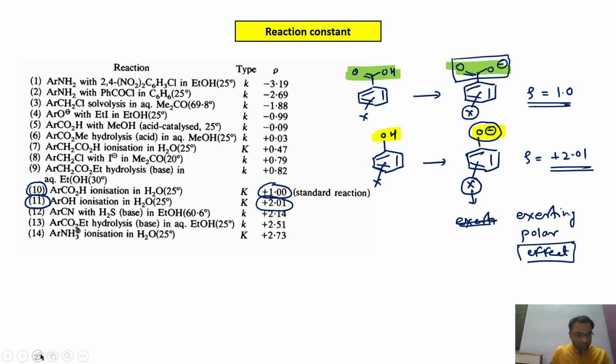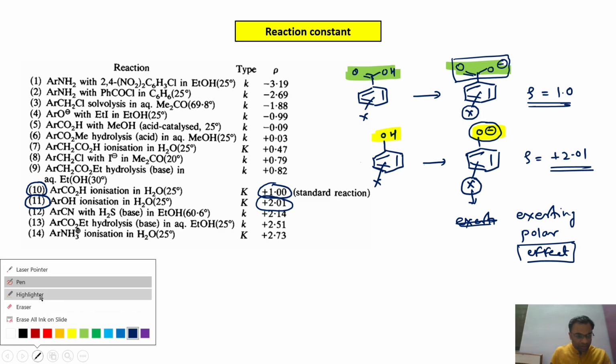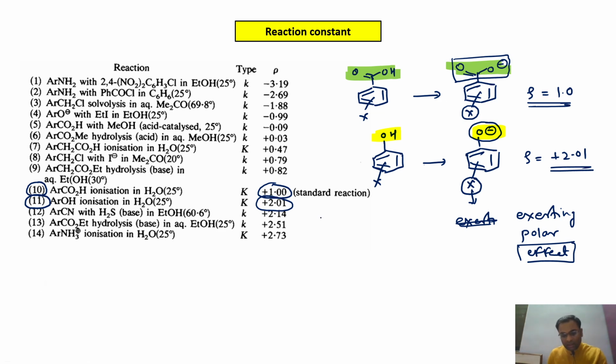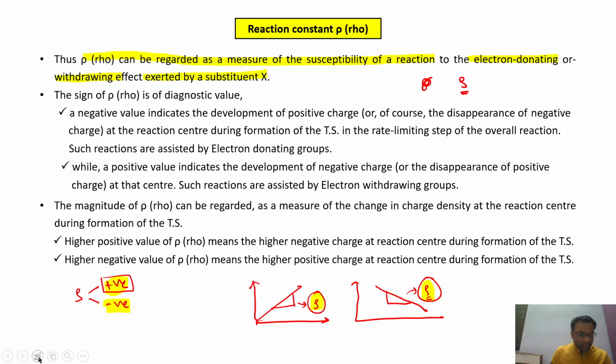So the more the polar effect exerted by the substituent, the more will be the rho value.